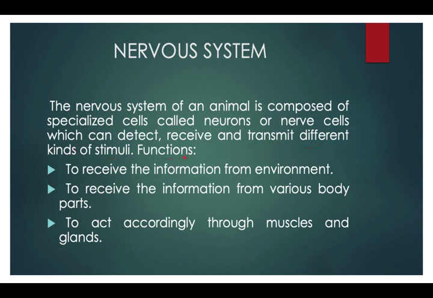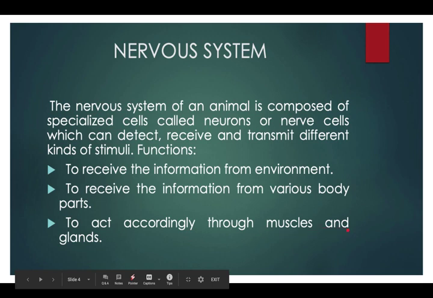And the main functions of these neurons are to receive the information from the environment in the form of stimulus and to receive the information from various body parts and to act accordingly through muscles and glands.